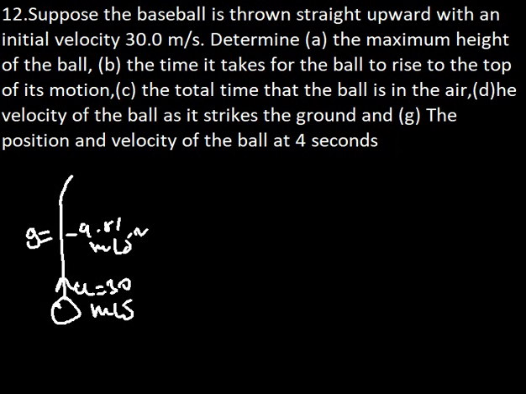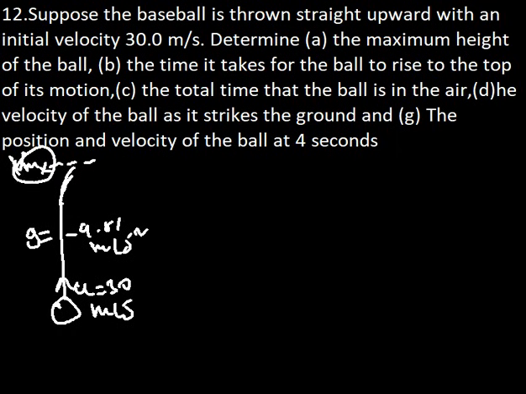Now the first question says find the maximum height of the ball. As the ball has been thrown straight upwards, it reaches a point where it will not go further. At that point, we call it the maximum point, where the velocity is 0, that is the final velocity, the Vmax.